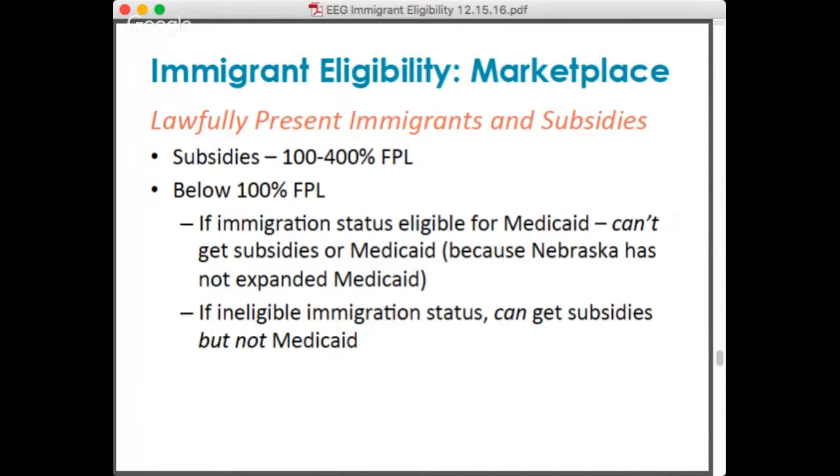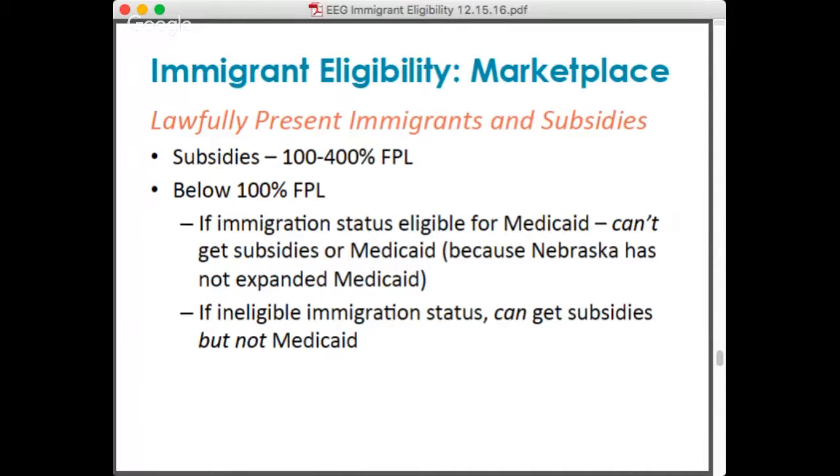Because Nebraska has not expanded Medicaid, we have a tricky situation where immigrants under 100% of the federal poverty level who have a status that would normally make them eligible for Medicaid, so all the stuff that we talked about at the beginning of the presentation, can't get Medicaid because Nebraska hasn't expanded Medicaid.